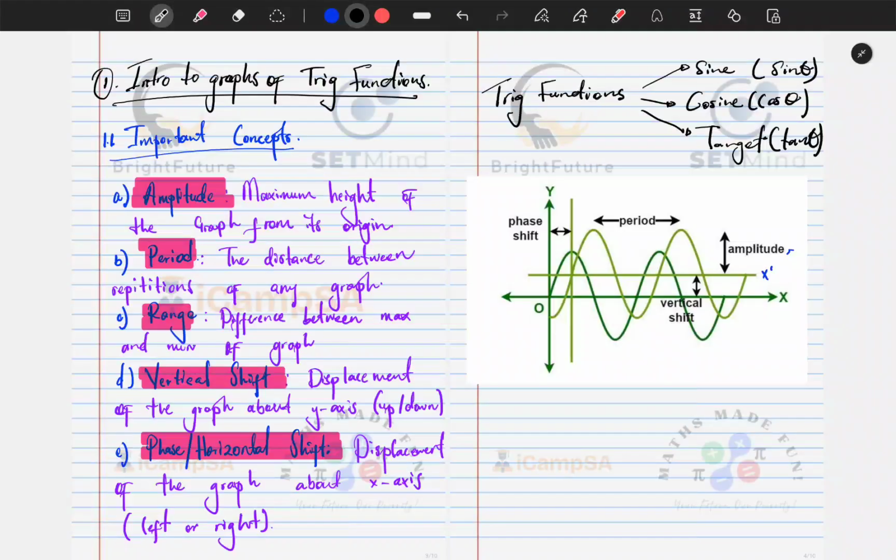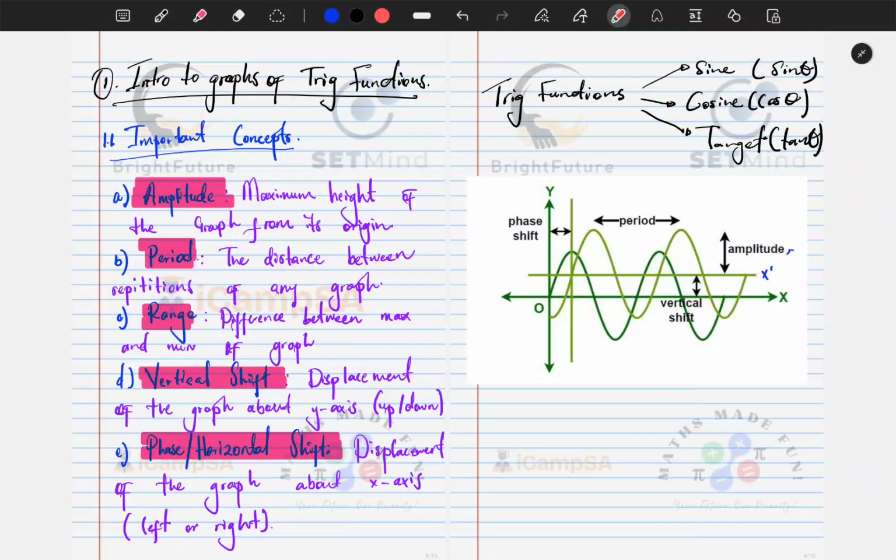The first one will be your amplitude. There are various ways of defining it, but the simplest way is the maximum height of the graph from its origin.